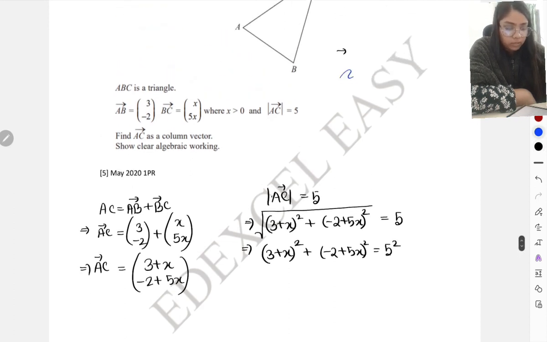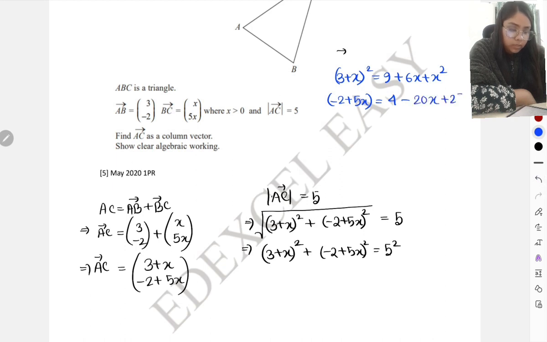So we can write (3 plus x) whole square like this: 9 plus 6x plus x square, and then again (minus 2 plus 5x) whole square can be written as 4 minus 20x plus 25x square, right?